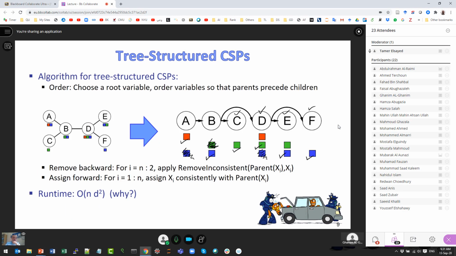Any thoughts? Just try with me. But why is there D square here? What is the operation that needs D square?